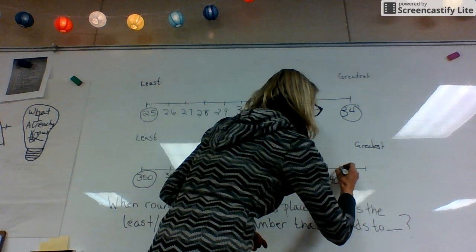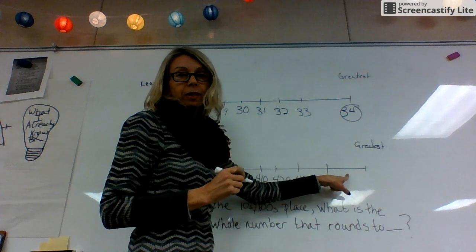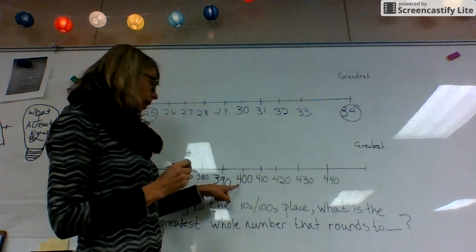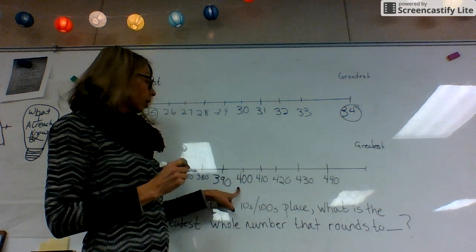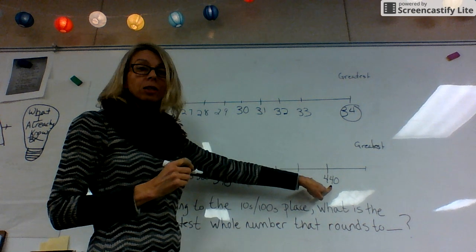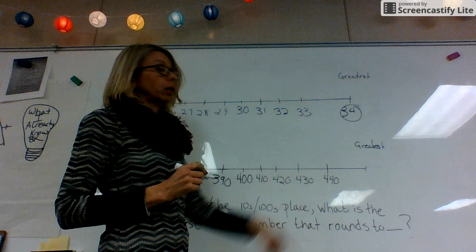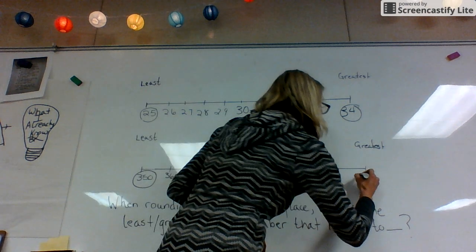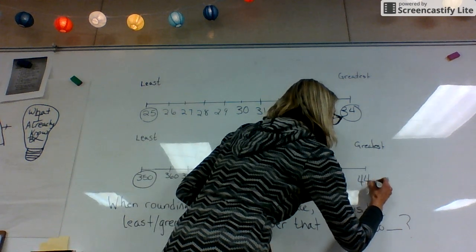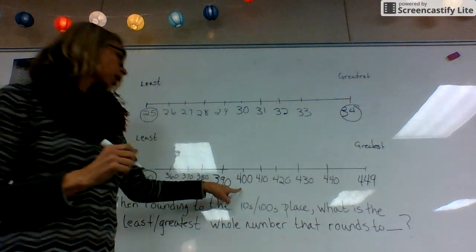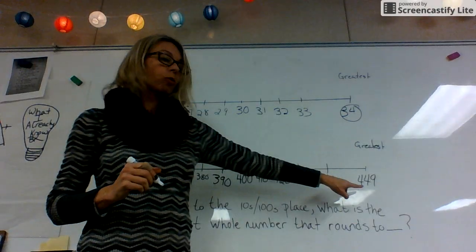Will 441, 2, 3, 4, 5, 6, 7, 8, and 9 still round down? Yes, they will, because the tens place hasn't changed to that 5 yet. That's going to bump it up to the next hundred. So our greatest whole number that's going to round down to 400 is 449.